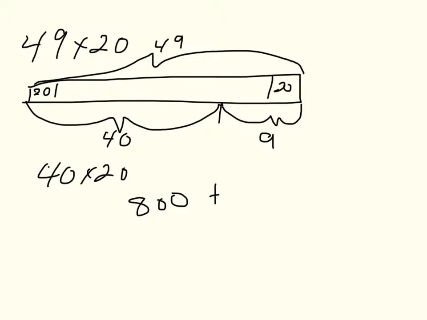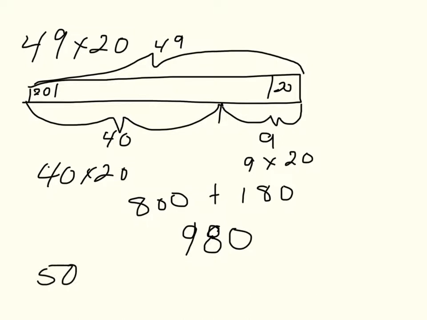And to that you're going to add 9 times 20 and together that's going to be 980. Could you have done 50 times 20, which is equal to 1,000, and then subtracted 20?